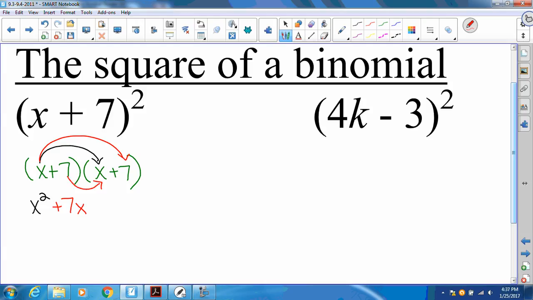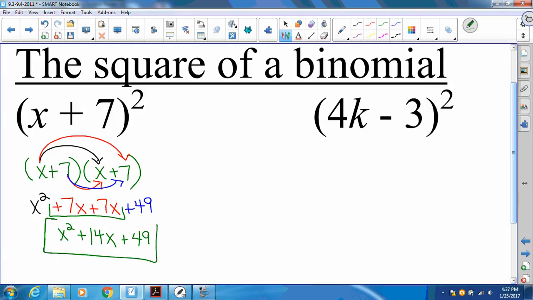My inside, 7 times x is 7x. And my last, 7 times 7 is 49. And then I'm going to combine my like terms in the middle, which would be 14x, and that's positive. Bring down my x squared, bring down my 49. And there's my final answer.